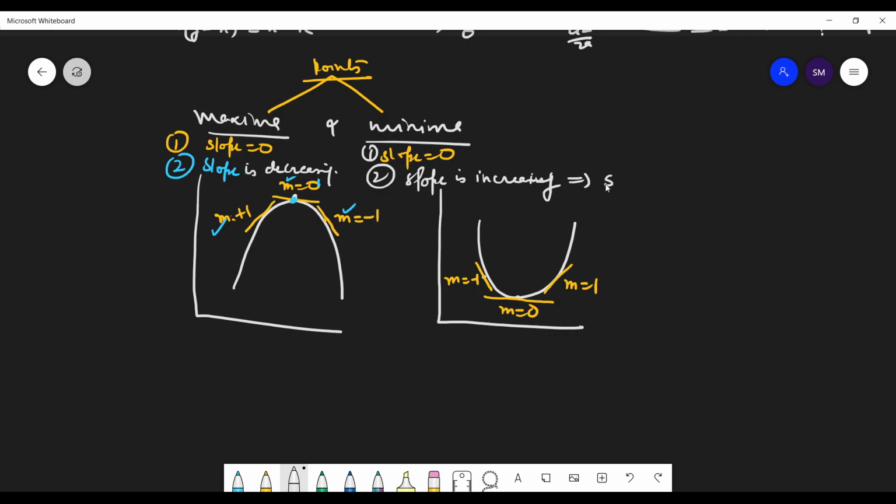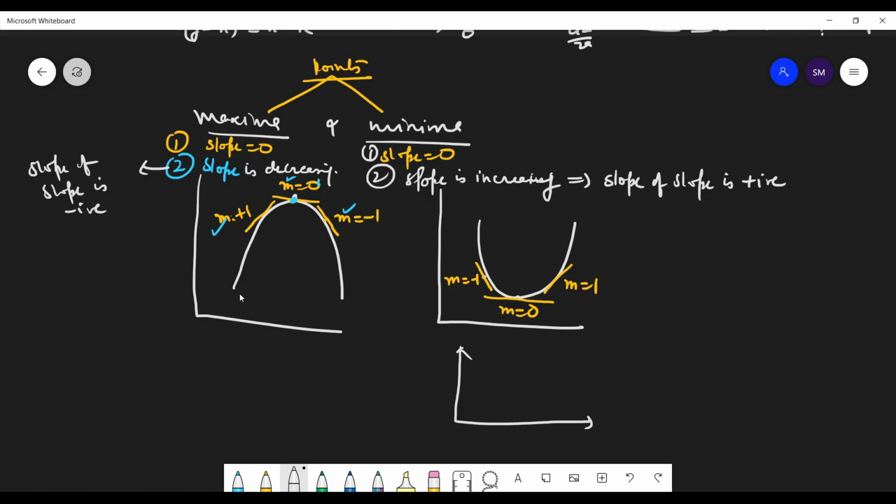Slope of the slope: if you are drawing this slope, slope increasing means slope of slope is positive, and slope decreasing means slope of slope is negative. Have you got this point?